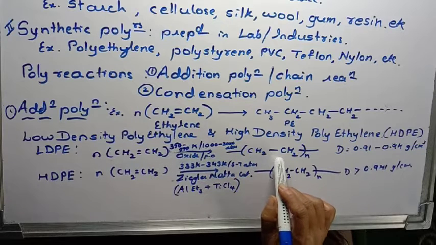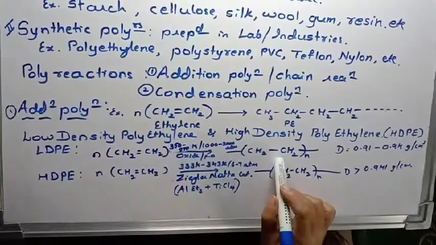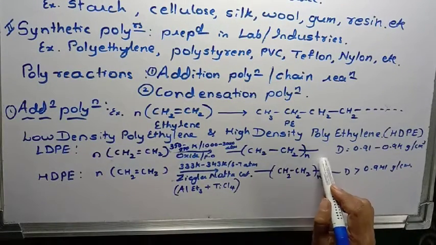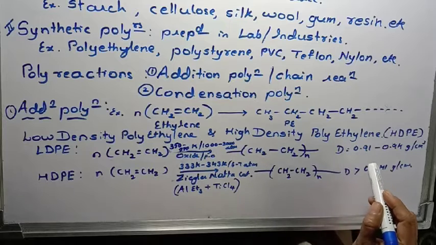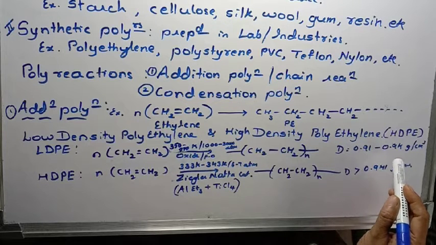The resulting compounds are low density polyethylene, and their density is in the range of 0.91 to 0.94 gram per cm cube.